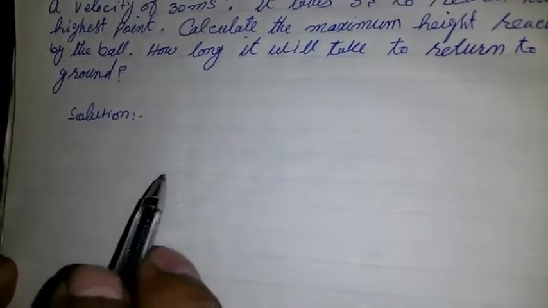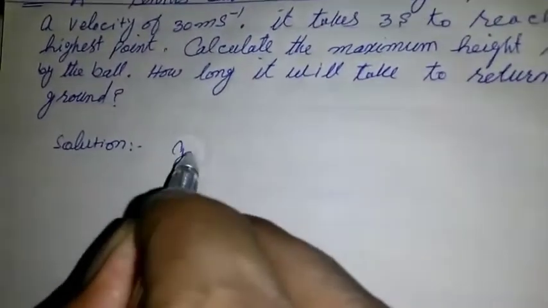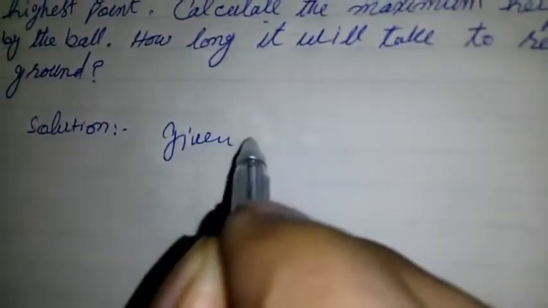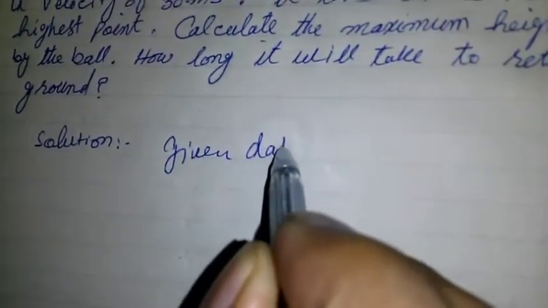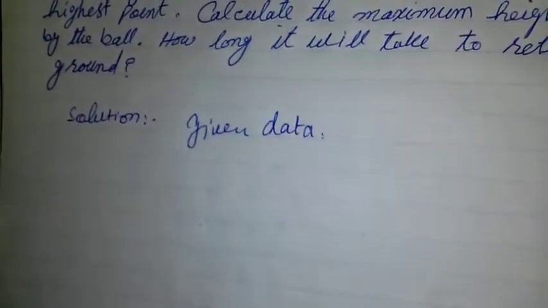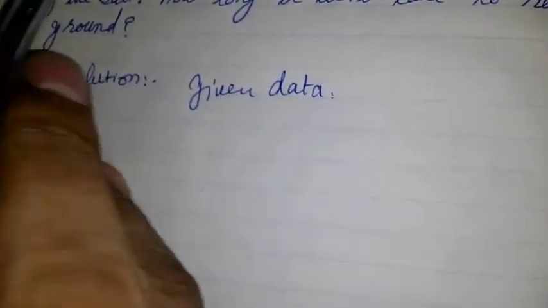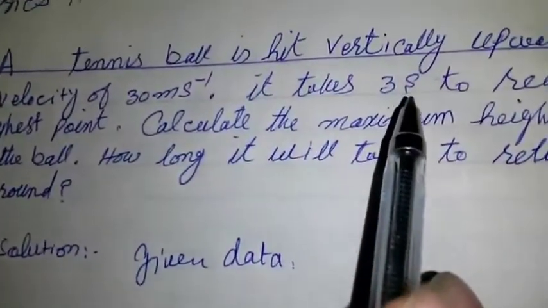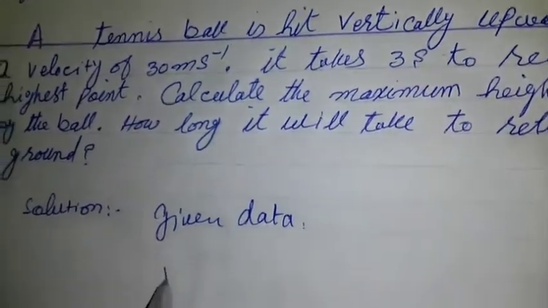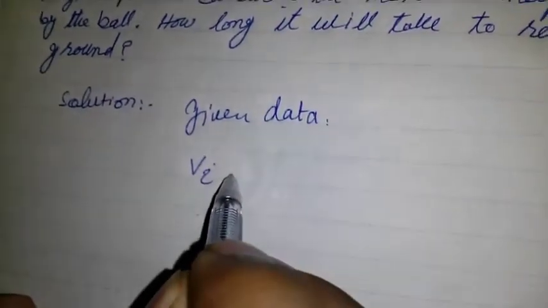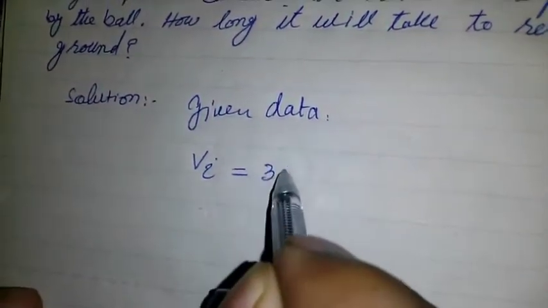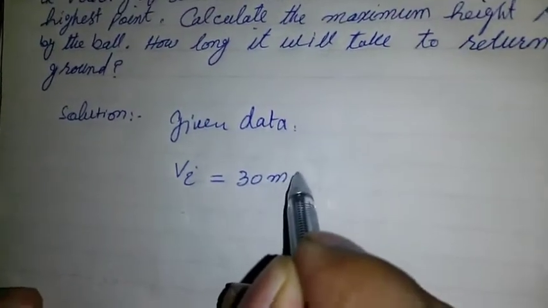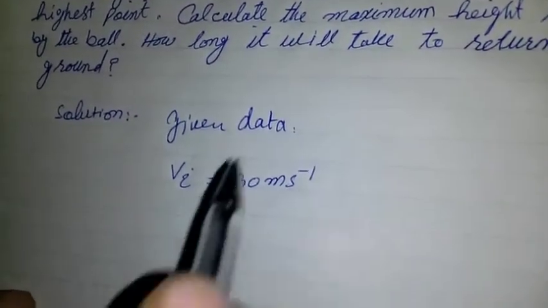First of all, we write the data. Given data: its initial velocity when it is thrown upward, Vi is equal to 30 meter per second.